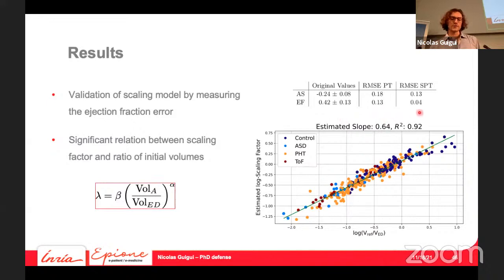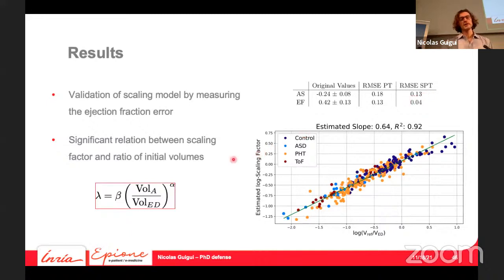It is much reduced here. We also measure the area strain error. The area strain is the relative area change of each triangle of the mesh during the time. As you can see, it is reduced, but not entirely, showing that these two quantities are different and may not be normalized with the same method.